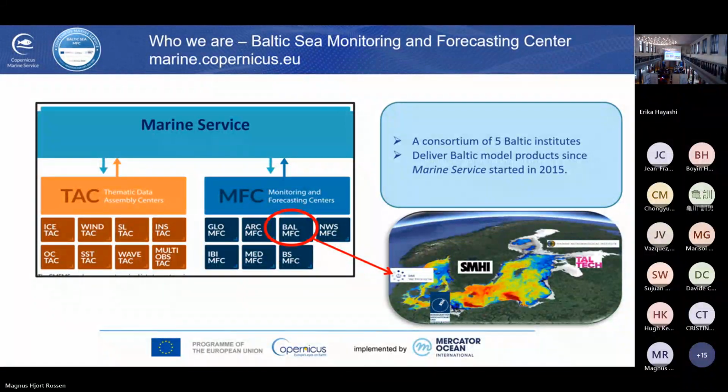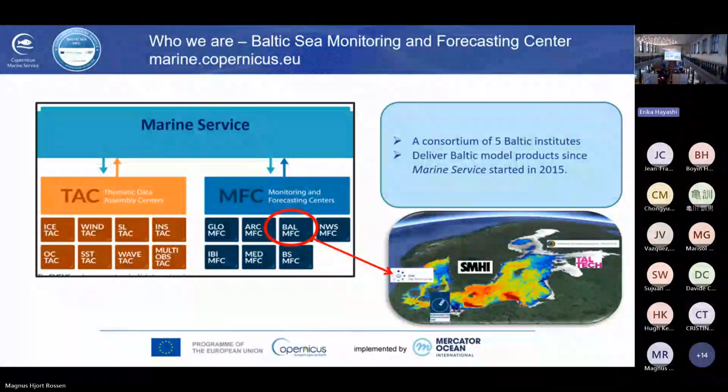The global ocean is divided into regions. The global ocean is modeled by the Mercator Ocean International, and there are several regional centers that run the regional models.